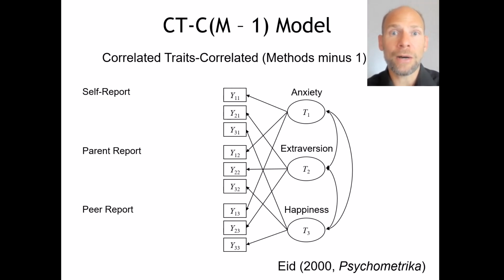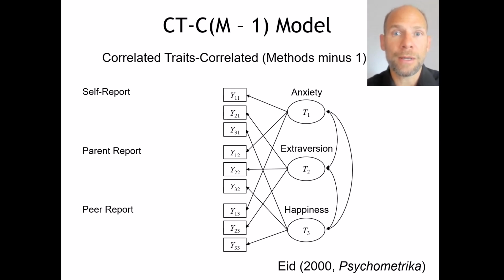So we need to account for common method effects as well. Where do the common method effects come from? They come from the fact that we have parent reports of the three traits that may be more highly correlated with one another than with other reports, such as self-reports or peer reports. And the same is true also for the other methods.